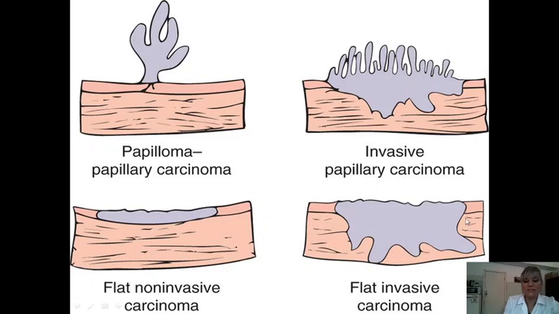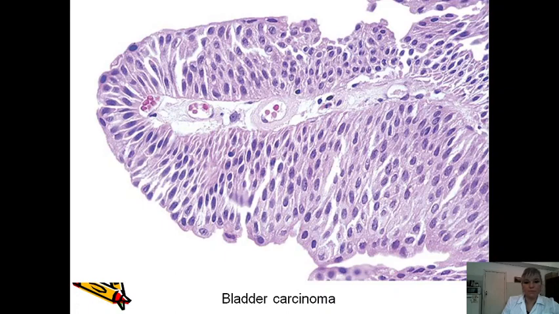This is the transitional type of carcinoma. Look, in the urinary bladder and in the pelvis of the kidney, we see bladder carcinoma, transitional urinary carcinoma.